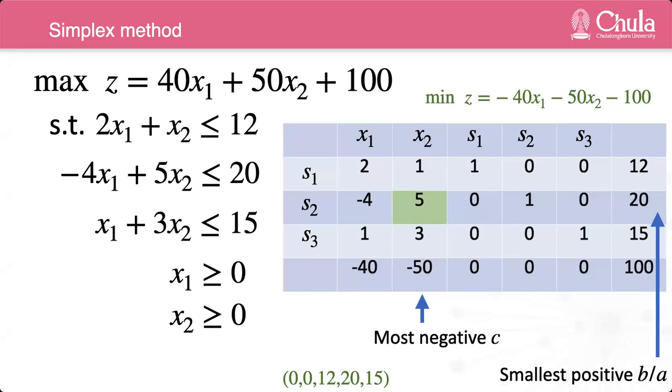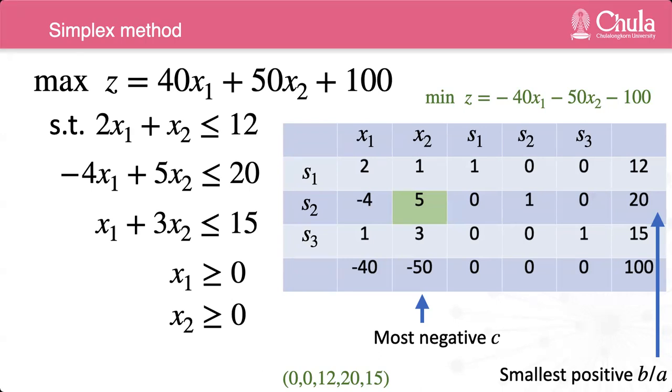So in the next iteration, we will introduce x2 as our basic variable, because at each iteration, non-basic variables are forced to be 0, right? So we introduce x2 to be our basic variable in the next round.